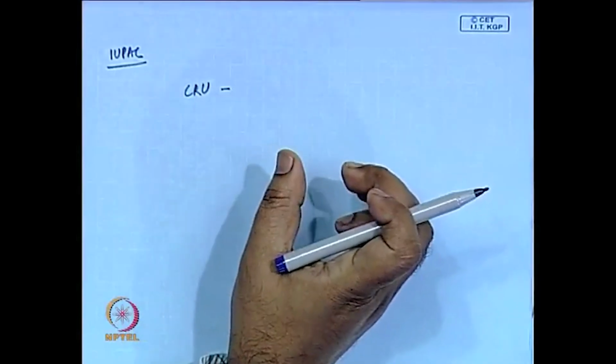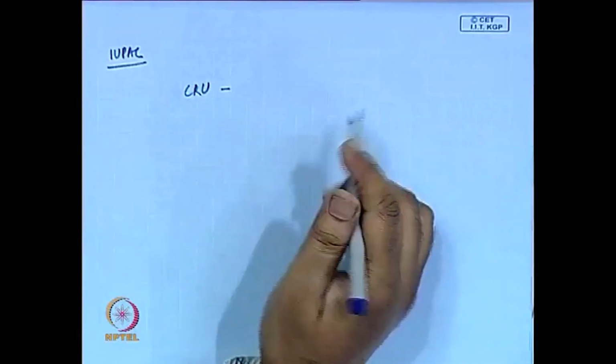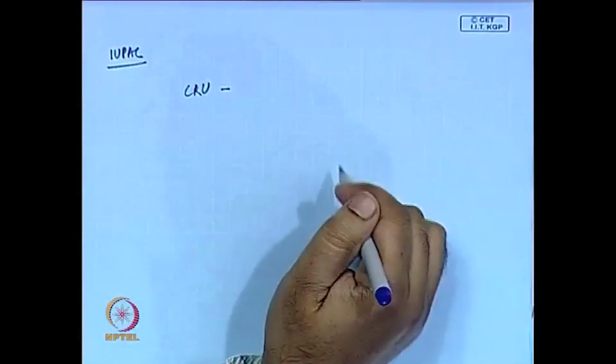The repeat unit we talked about, that means if you write a polymer structure and put n in the bracket, you have to find the portion, the unit which is repeating. So, if you build a polymer structure, which structure has to be repeated.